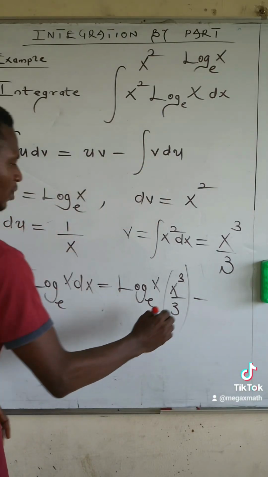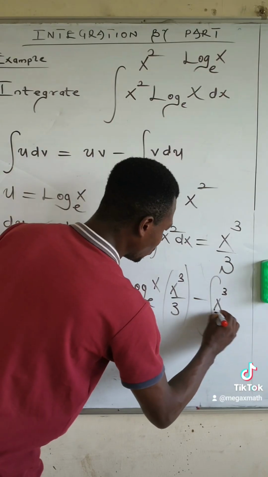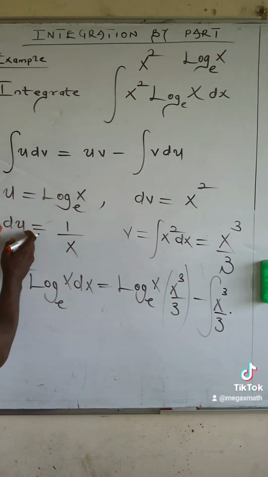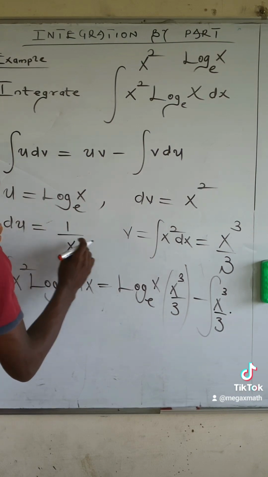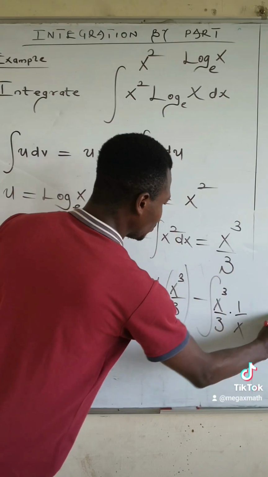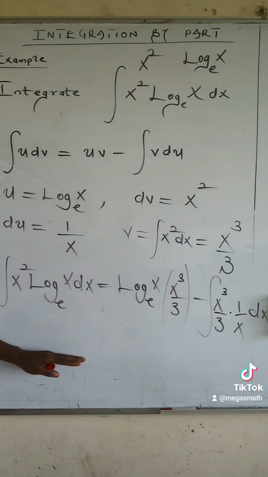That is the integral of x cubed over 3 times 1 over x with respect to x.